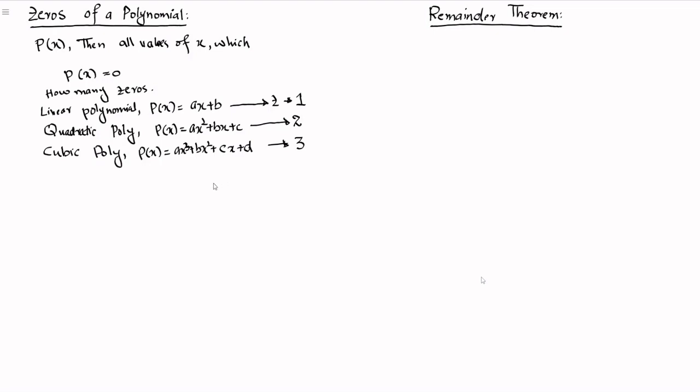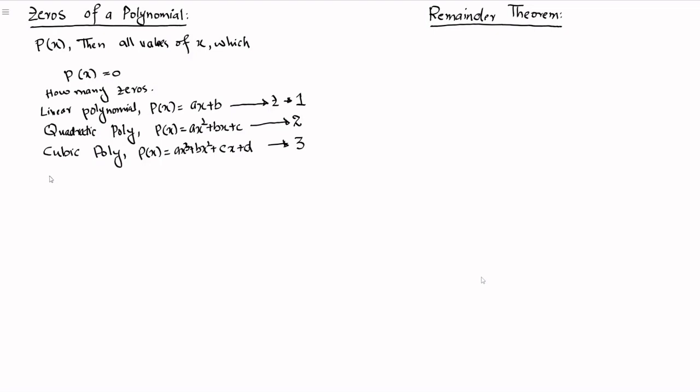If we have an order 4 polynomial, the number of zeros will be 4. So for order 1, which are linear polynomials, the number of zeros will be 1. For order 2 polynomials, which are quadratic polynomials, the number of zeros is 2. For cubic polynomials, which are order 3 polynomials, the number of zeros is 3, and so on.